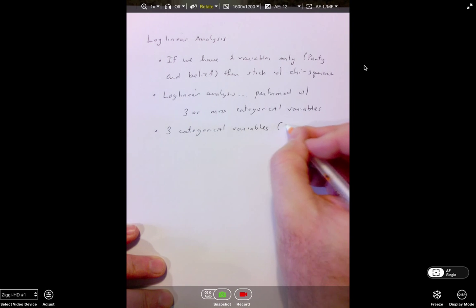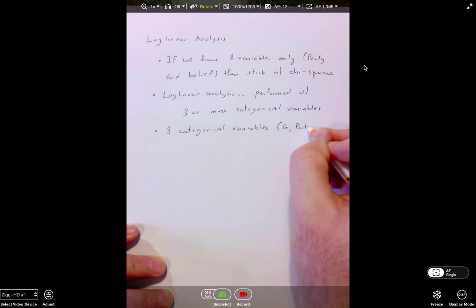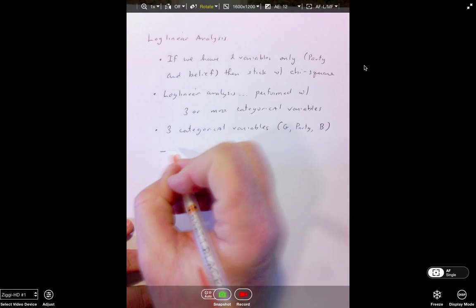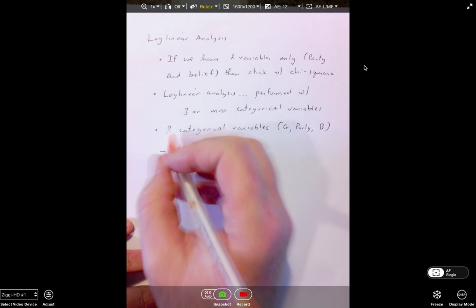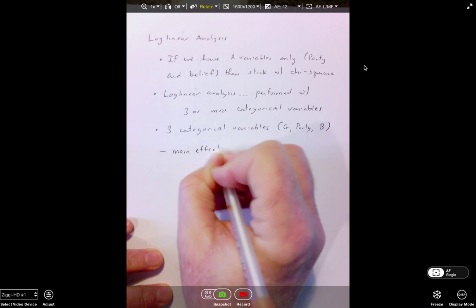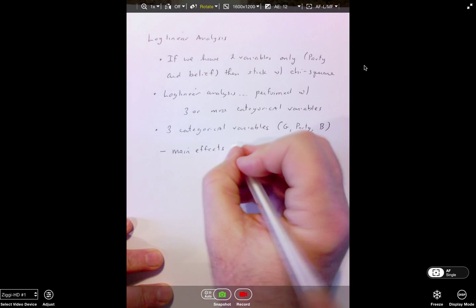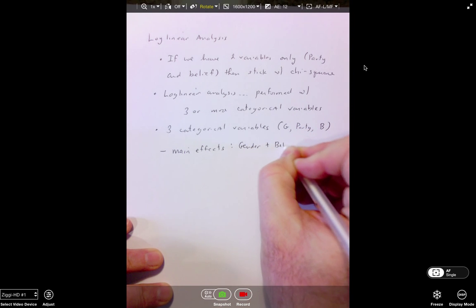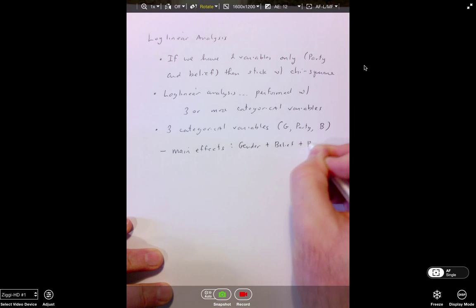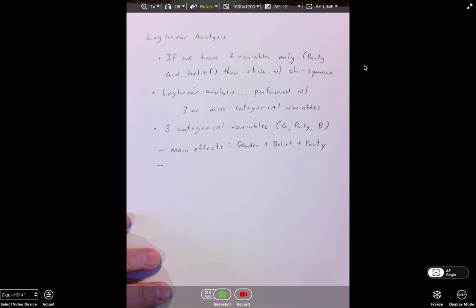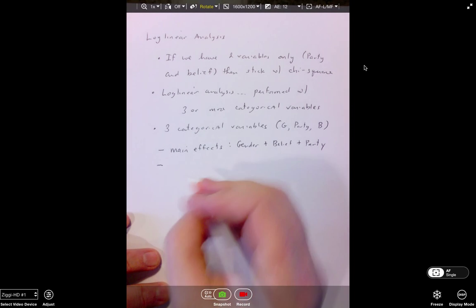And again, this is gender, party, and belief. And what we have is we start out with our main effects. And guys, our main effects are just gender plus belief plus party. The next thing we'll want to look at is the next order interaction.